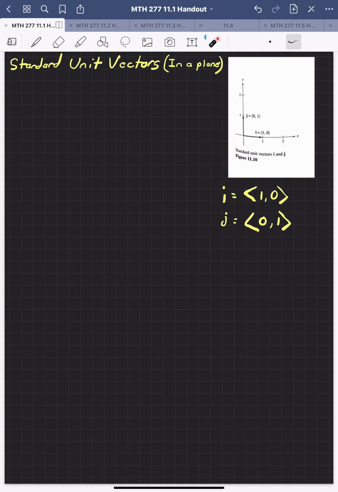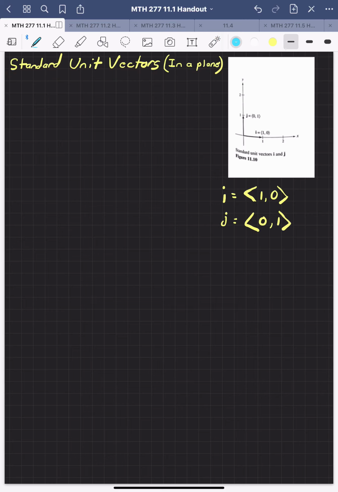This is what we refer to as standard unit vectors, right? Now, we're going to start off just in a plane, so we're only going to have an i and a j.